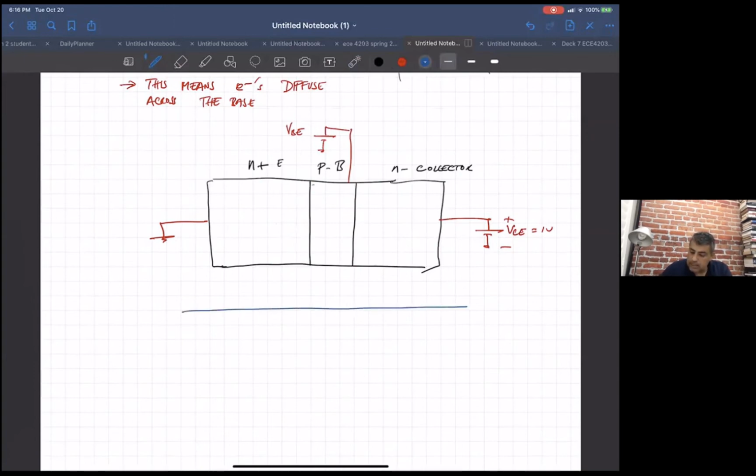So this axis is distance. Let's call this point x1, the base emitter junction location. And let's call x2 the base collector junction.